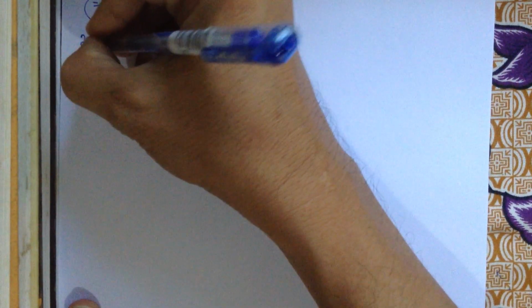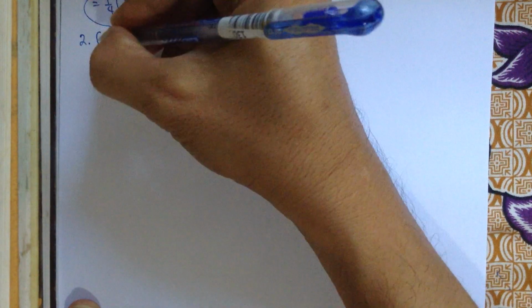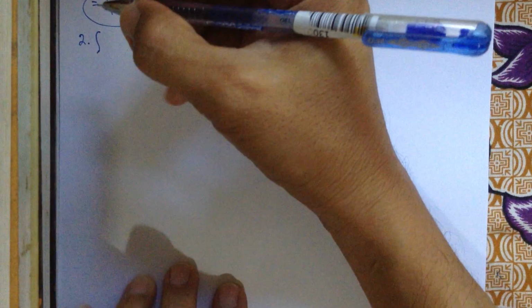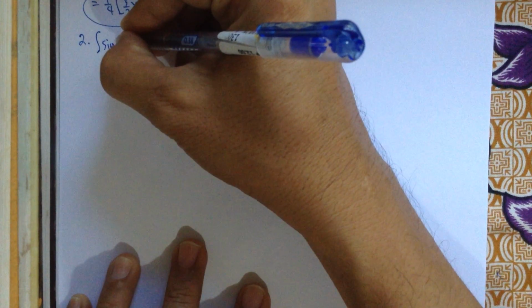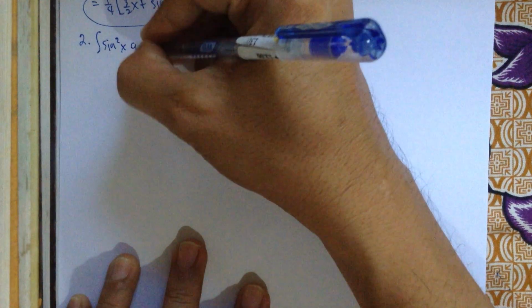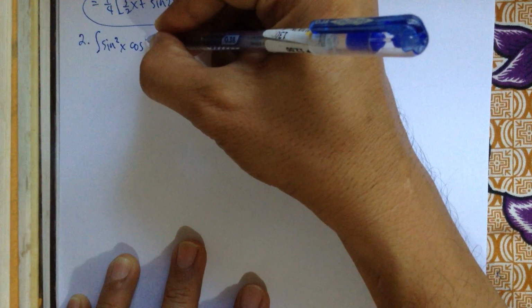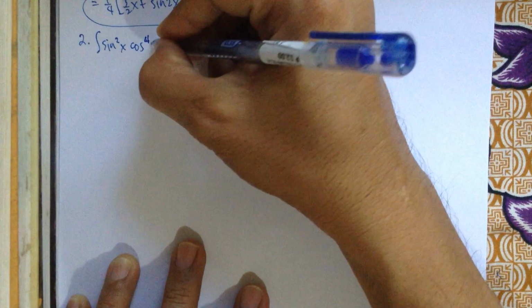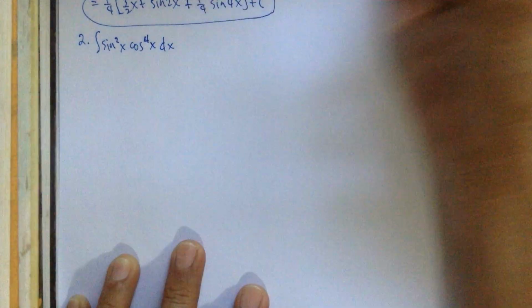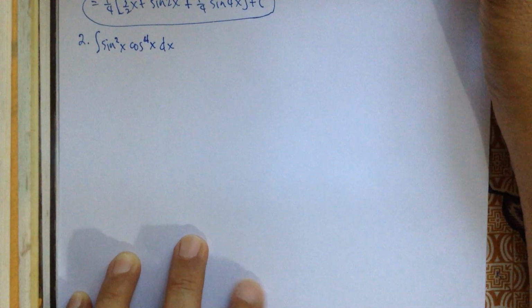This time we're going to compute the integral of sine squared x cosine squared. Let's make it more challenging. Let's say cosine to the fourth of x dx. Okay.